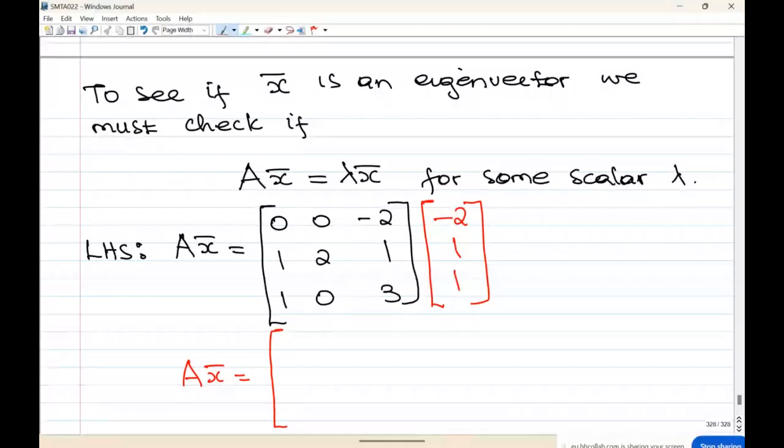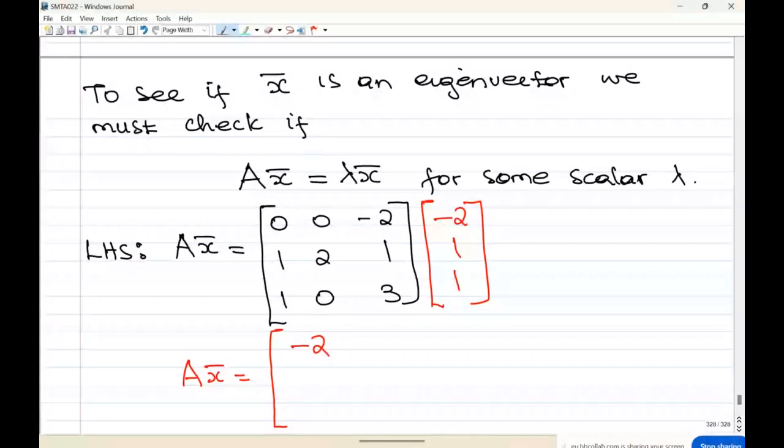Row number 1 multiplied by the column: 0 plus 0 and minus 2.